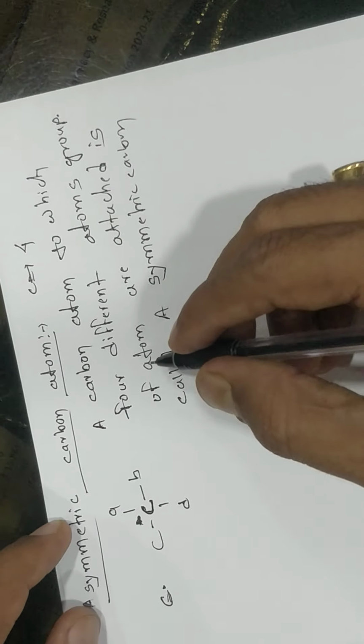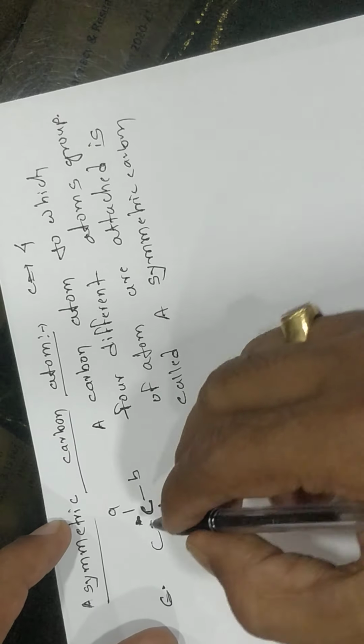A carbon joined to four different groups is called asymmetric.